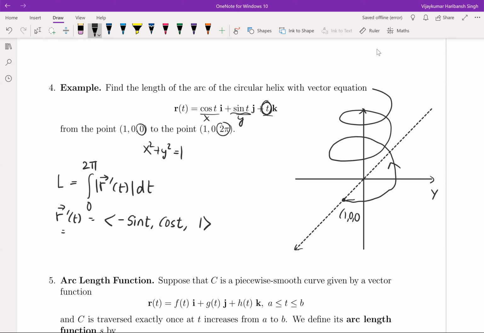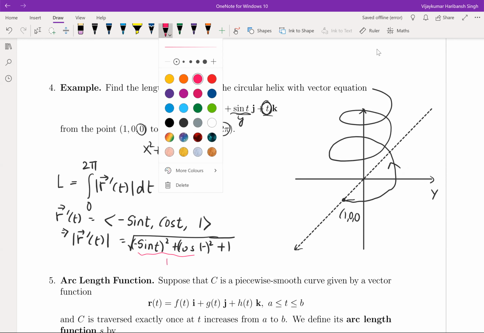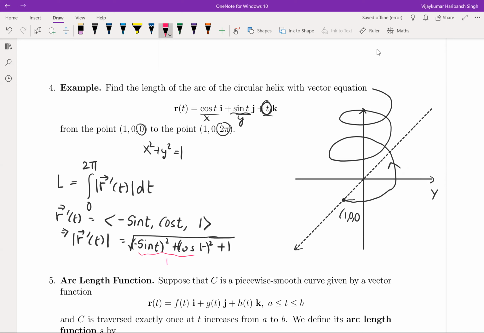So this implies the length of r prime is going to be the square root of minus sine t squared plus cos t squared plus 1. So sine squared t plus cos squared t is 1. So we get 1 squared plus 1, so 2, so the square root of 2.